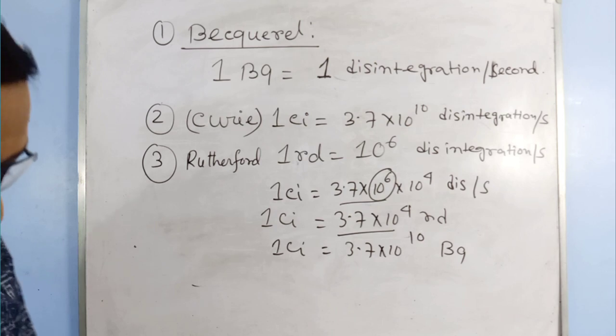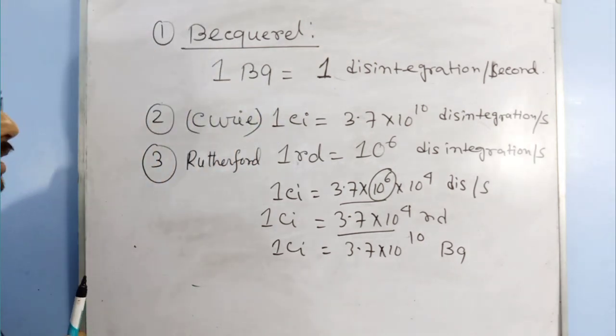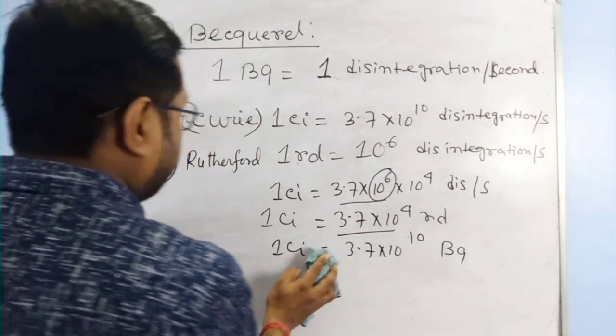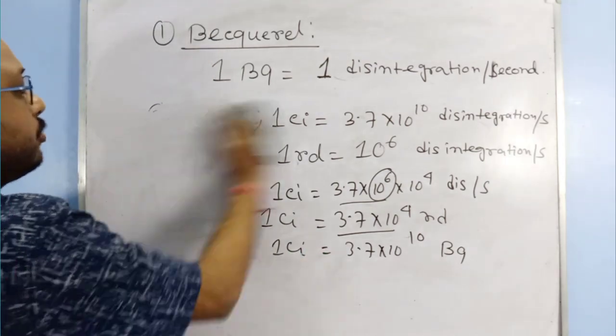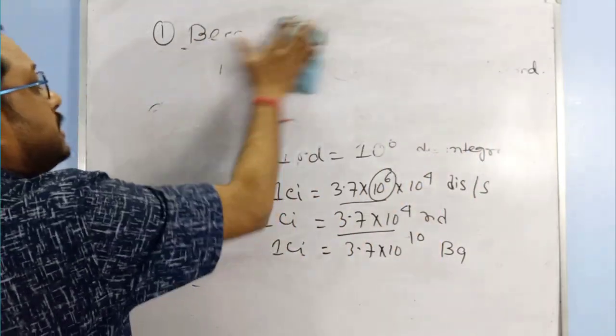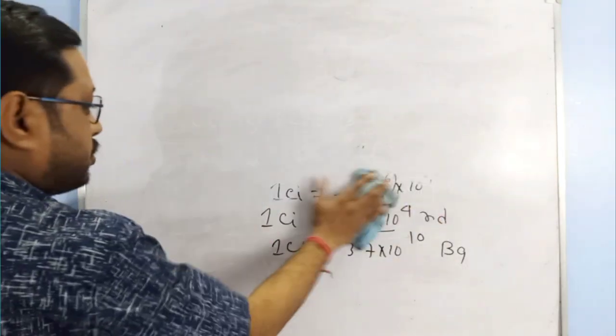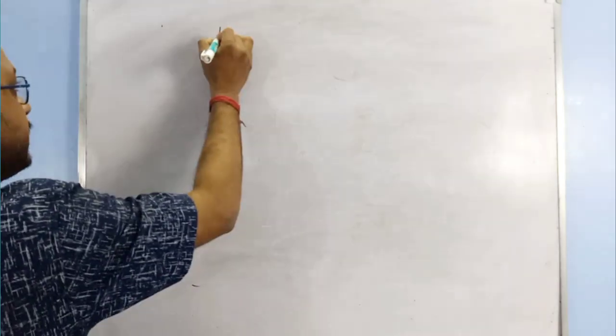So in this way we can find the units of radioactivity, and now we shall go with a numerical example so that you can understand it in a better way. Before we go to the numerical example, we write some mathematical relations.